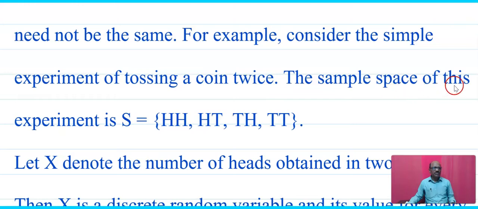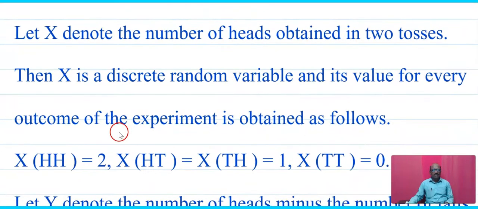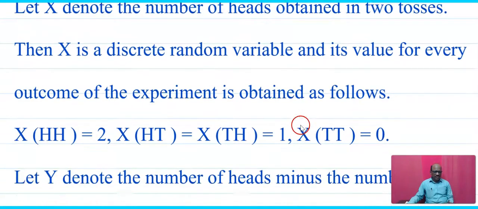The sample space of this experiment, capital S, is equal to HH, HT, TH and TT. Let X denote the number of heads obtained in two tosses. Then X is a discrete random variable and its value for every outcome of the experiment is obtained as follows.